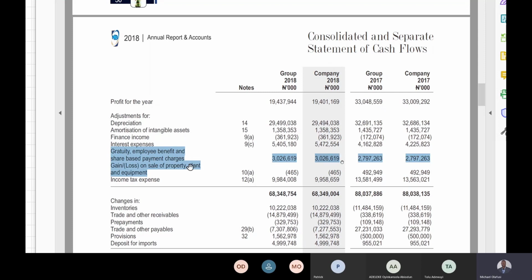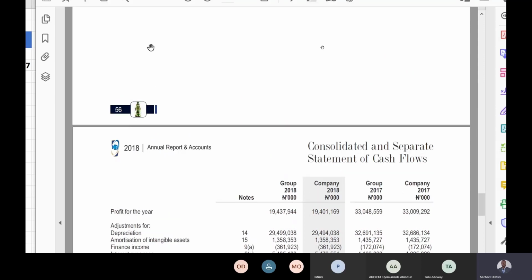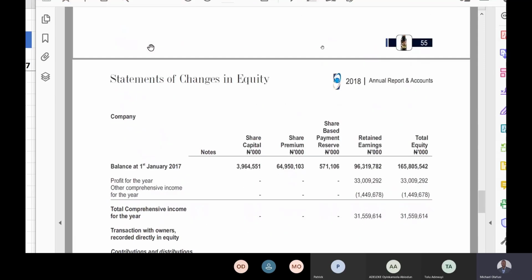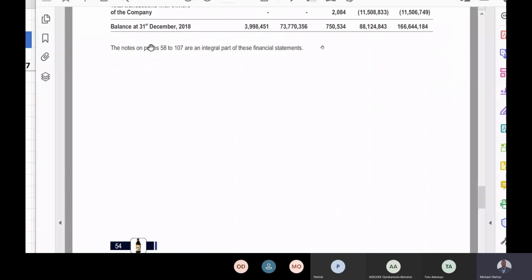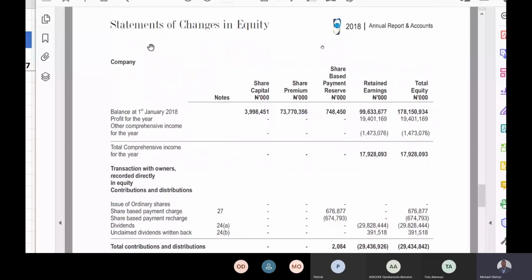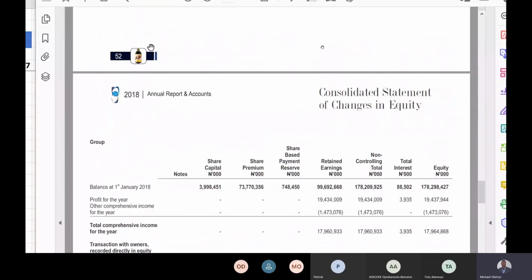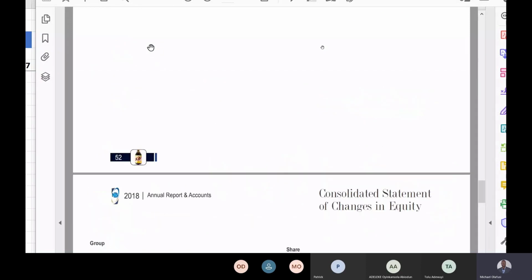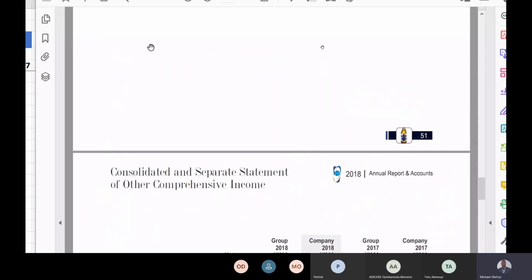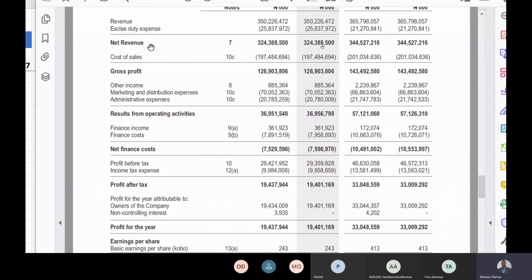So things that they had to capture but did not affect cash. If you look at the income statement, you will find out that those things that are taken out are things they added just for disclosure purposes. They did not impact cash.